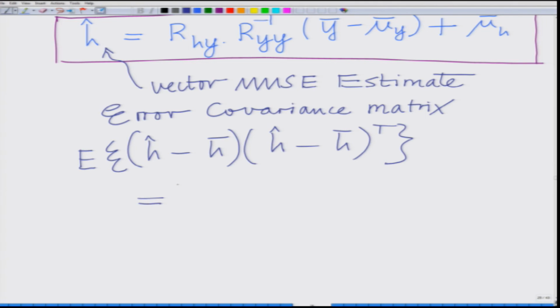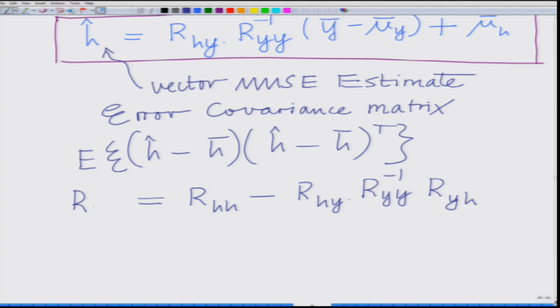Again, instead of the variances and covariance, I replace them by the covariance matrix and the cross covariances, and I can write this as R_HH minus R_HY R_YY inverse, that is the covariance matrix of y inverse, times R_YH.